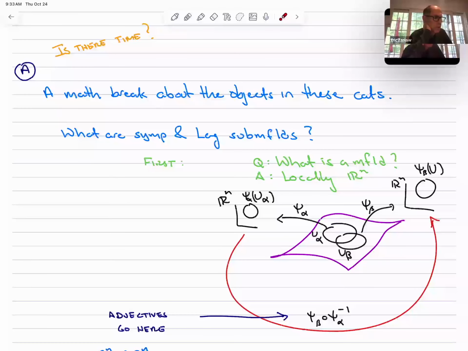And that's our grid for our atlas. Let's call that region U alpha, and call the map from our space to R^n psi alpha. And then we want to be able to cover this space by such regions. So I've only drawn 2 of those regions, U beta, and then that's mapped to an open subset in R^n again.